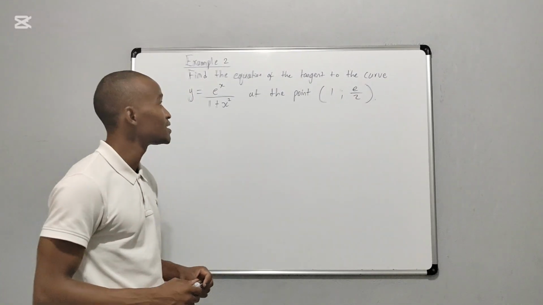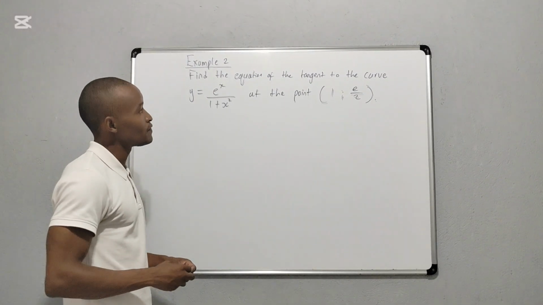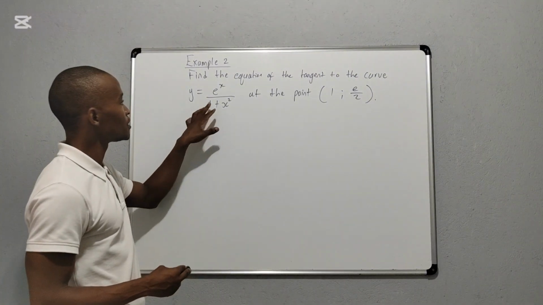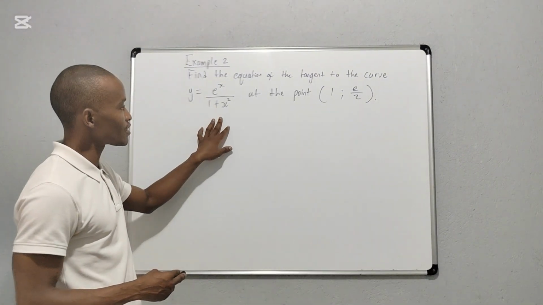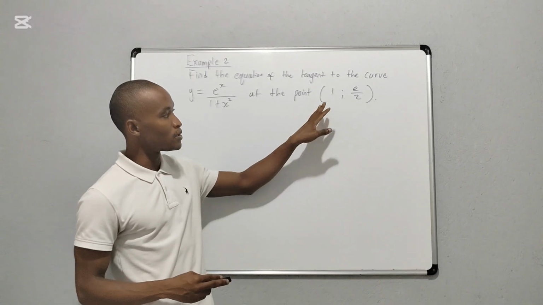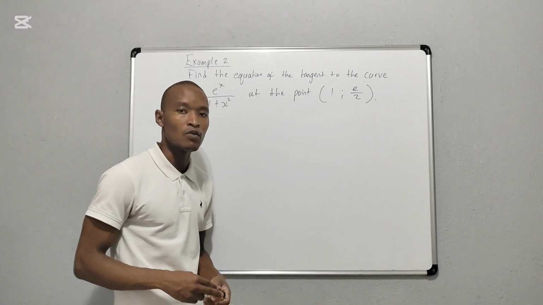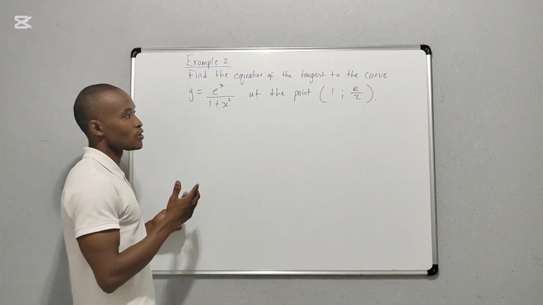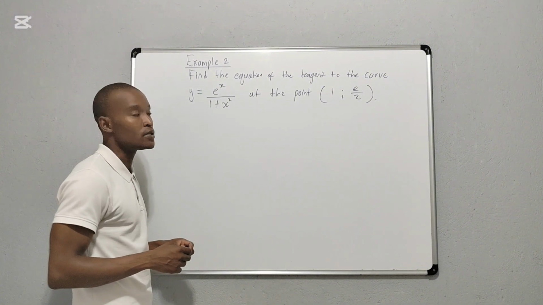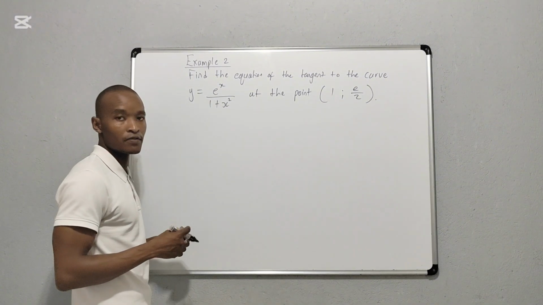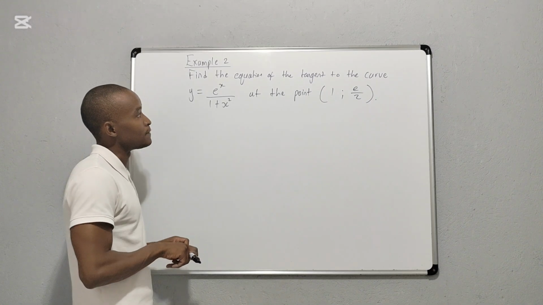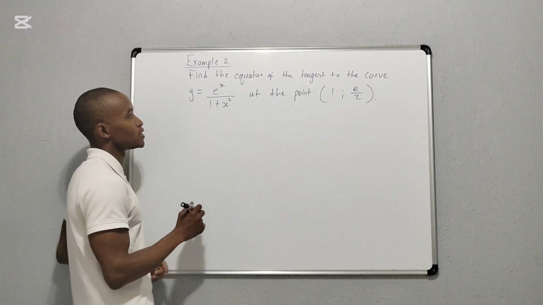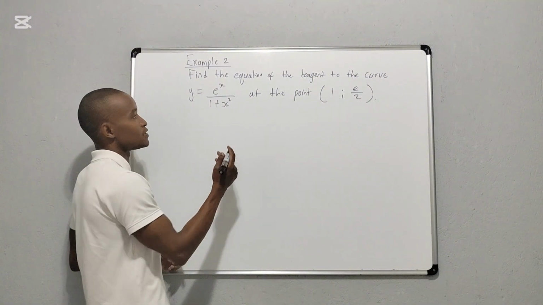All right, so this is example 2. Find the equation of the tangent to the curve y is equal to e to the x over 1 plus x squared at the point 1, e over 2. Now, this is of course a quotient rule question, because we see division of functions, right? And we definitely need to work with the quotient rule here to find the derivative.